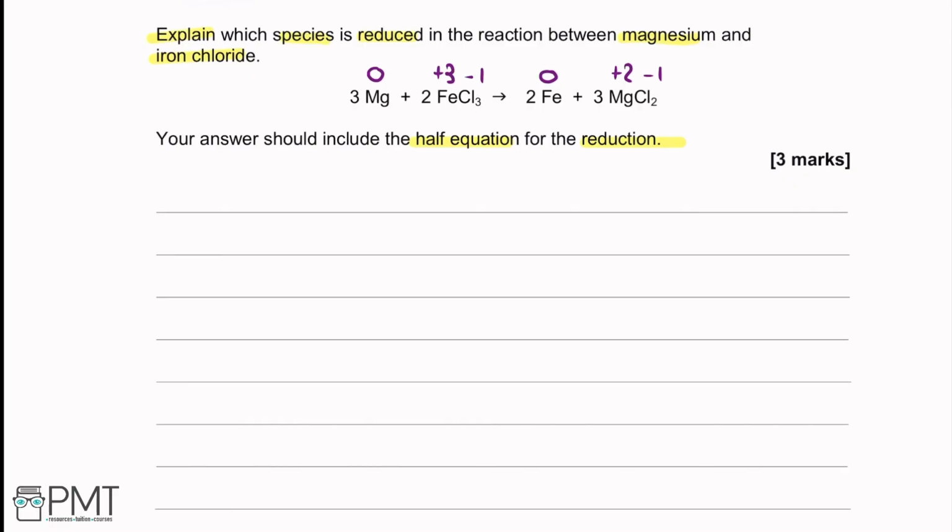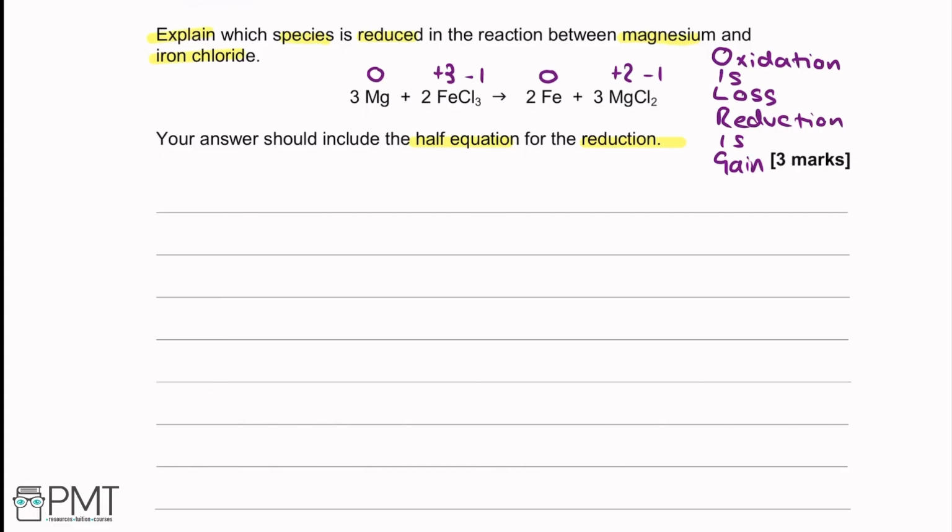Now we need to think about OIL RIG. Now, different people have different ways of remembering this. I use OIL RIG. OIL RIG says that oxidation is the loss of electrons, and reduction is the gain of electrons.